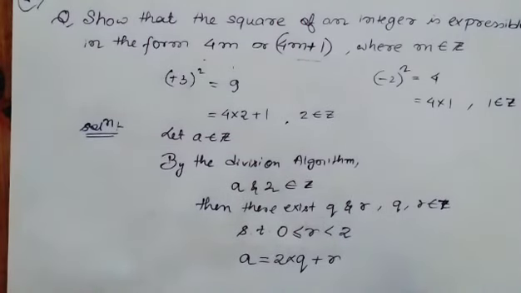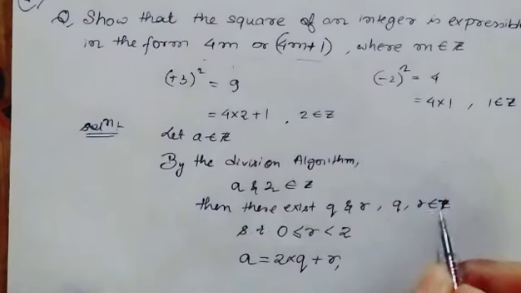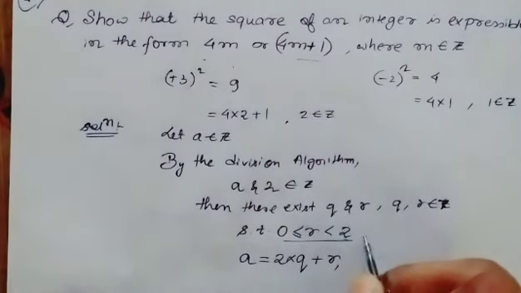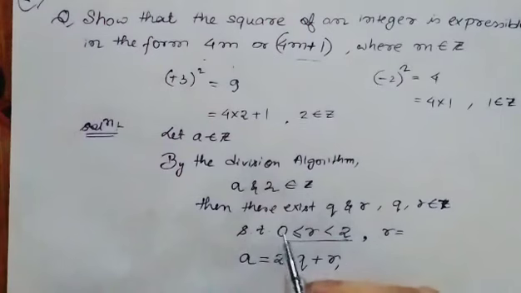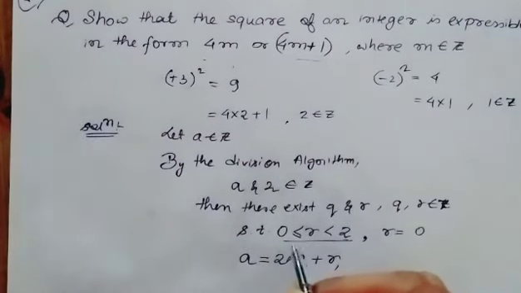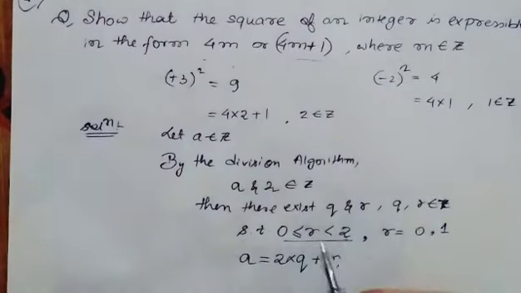What is the divisor in this case? We have considered it to be 2, so it is 2 into quotient q plus the remainder r. This is the general expression. As r belongs to an integer, if we notice this restriction, then we get the values of r. Yes, it is greater than or equal to 0, so it can be equal to 0. And what is the next integer? It is 1. And can the value of r be 2?